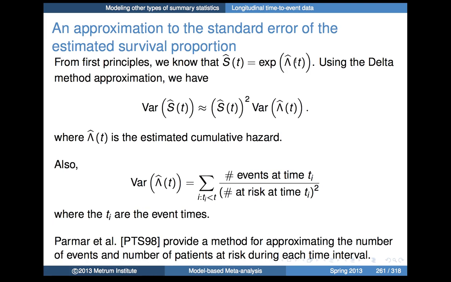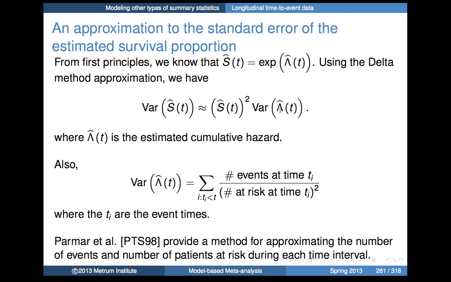And we can use a delta method again, given this relationship, to get an approximation for the variance of S hat t. We can show that the variance of the estimated survival fraction is just S hat of t squared times the variance of lambda hat of t, the variance of the cumulative hazard up to time point t.